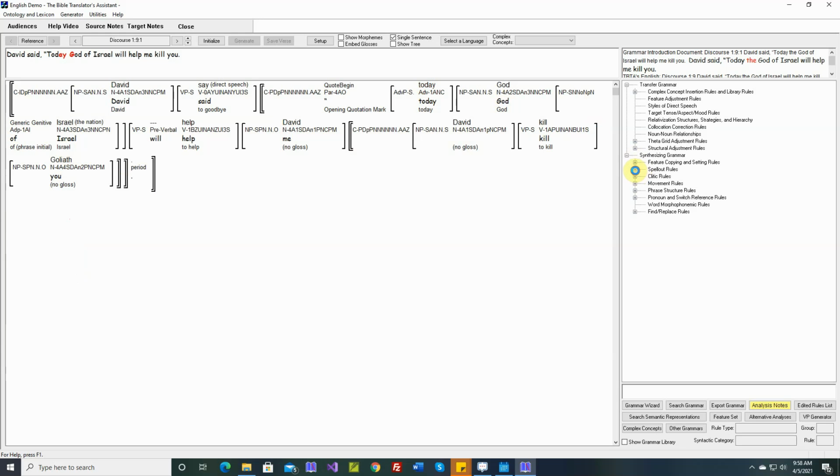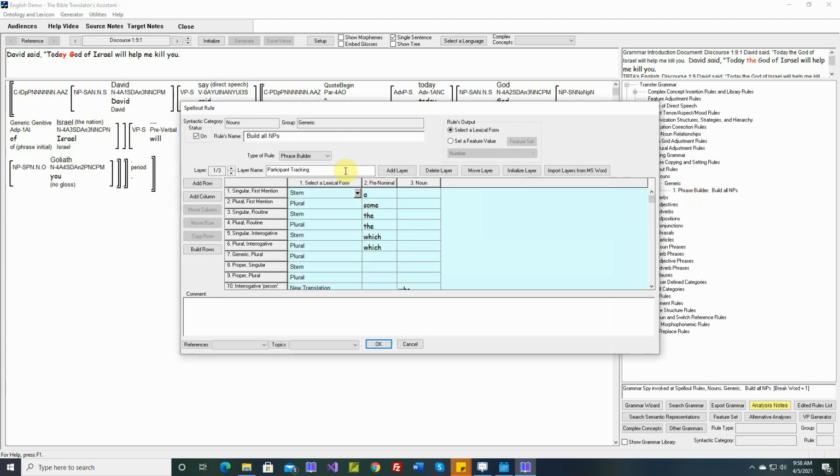So let's go to our spell out rule for nouns. Okay, layer 1, row 8, proper singular. We just used the stem. Let's add another row, and we'll say it's proper and singular and modified by a Norman genitive.